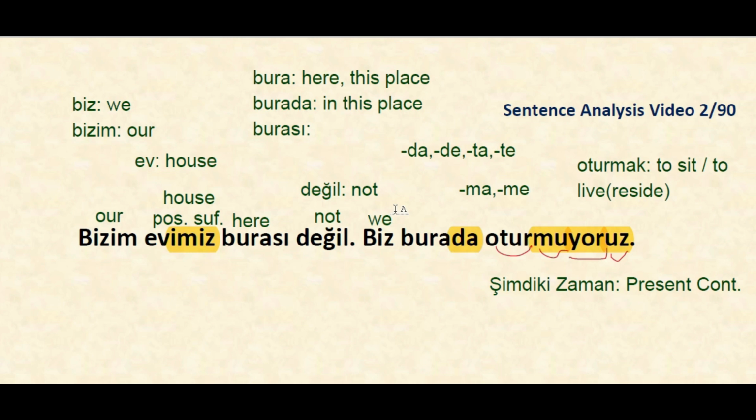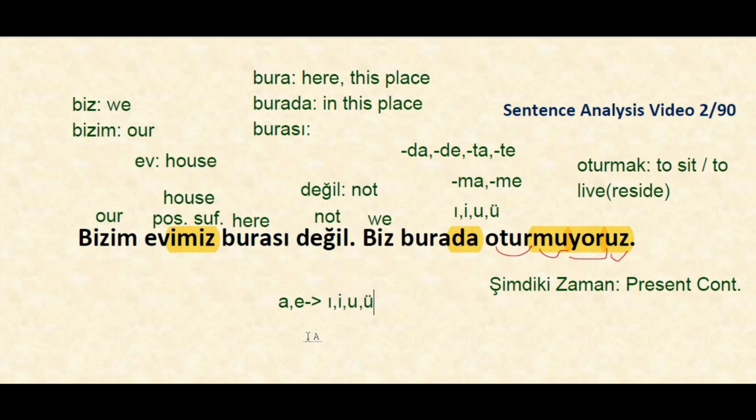But yor makes the ending vowel ı, i, u, ü. What does it mean? When we see a and e at the end of, for example, a verb stem, and when we add yor after them, a and e will change to ı, i, u, ü.